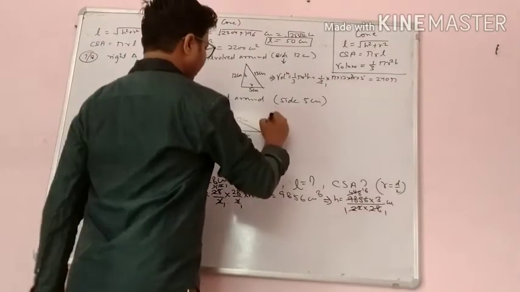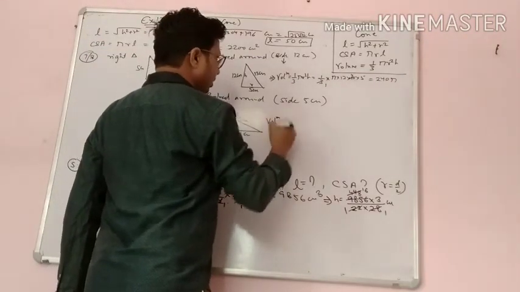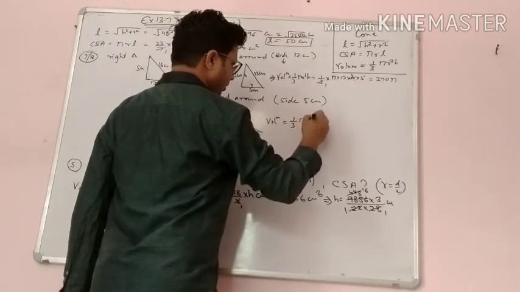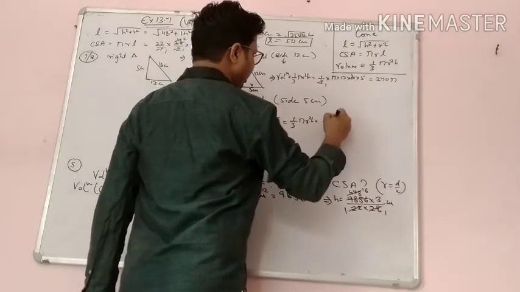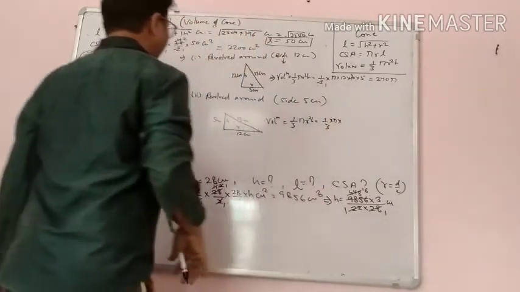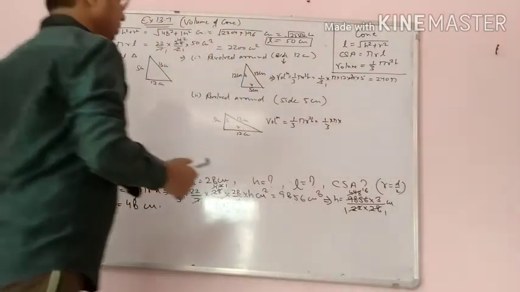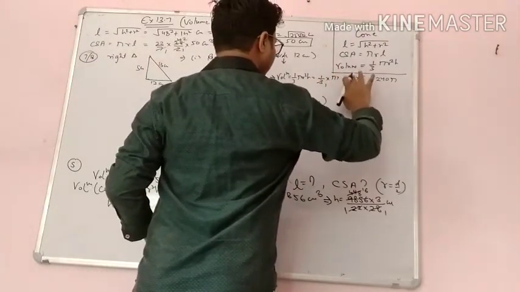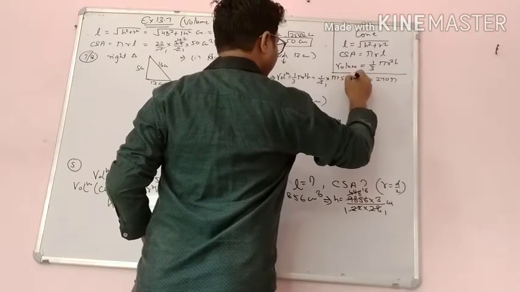In that case, if I find out the volume, it will be equal to 1/3 pi r square h.